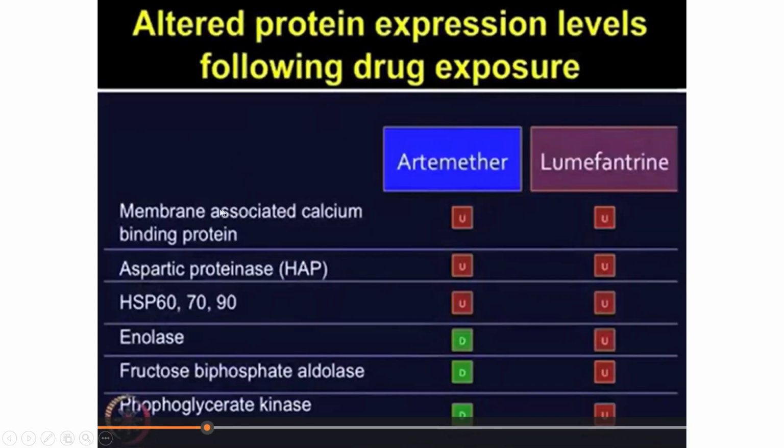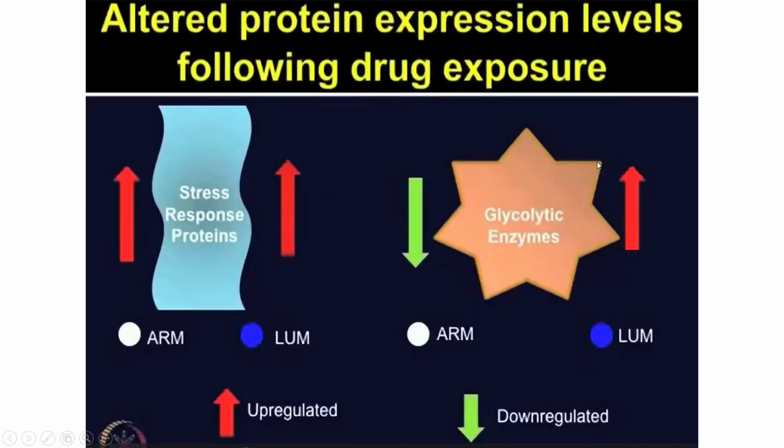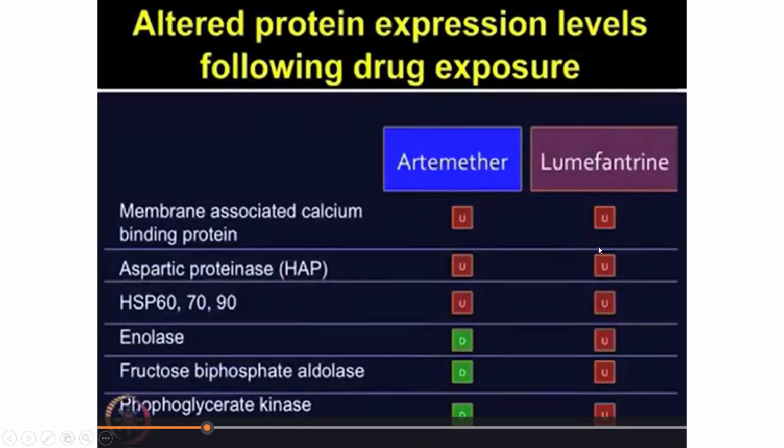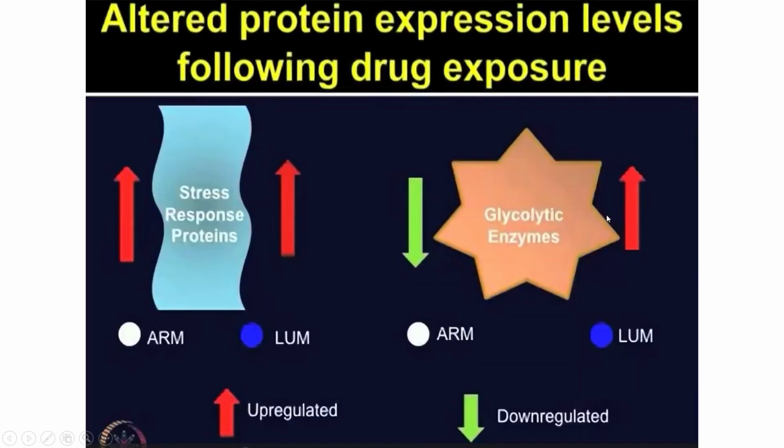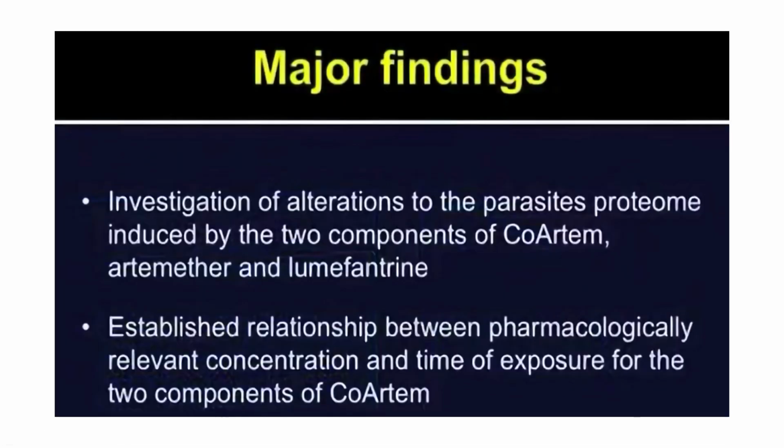They found that these few were upregulated and these few were downregulated with this specific drug, and with another specific drug, all these were upregulated. So there were altered protein expression levels because of different drug exposure. Some proteins were upregulated and some downregulated with the different drugs given. So that's another approach of using proteomic study.